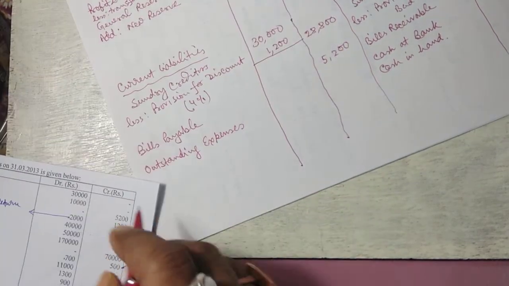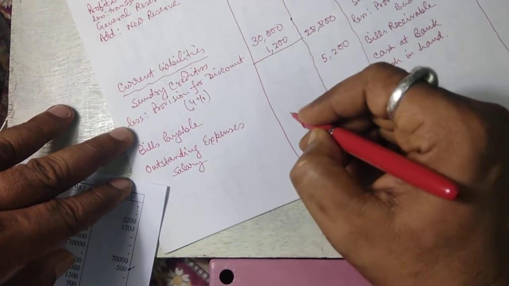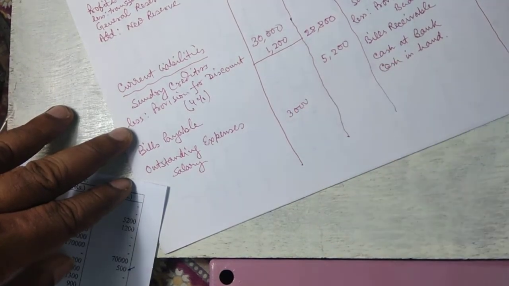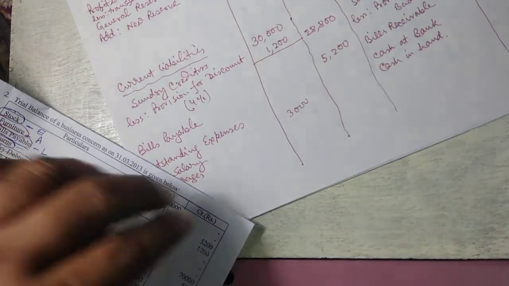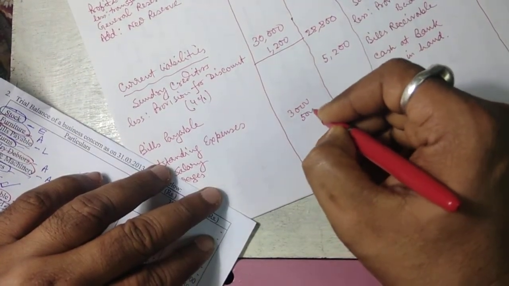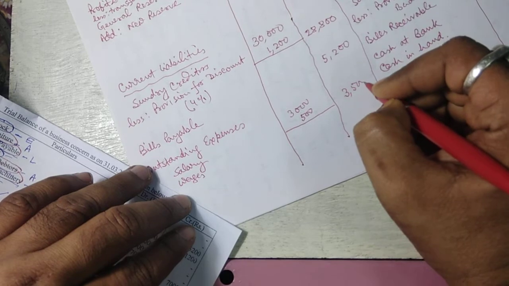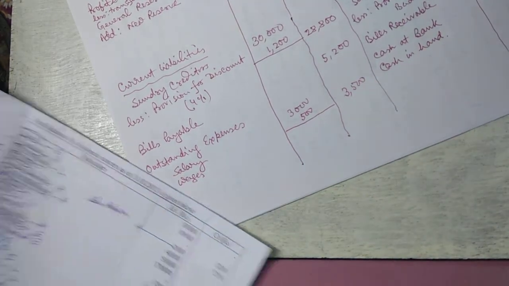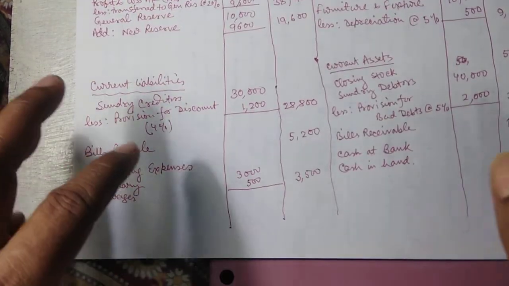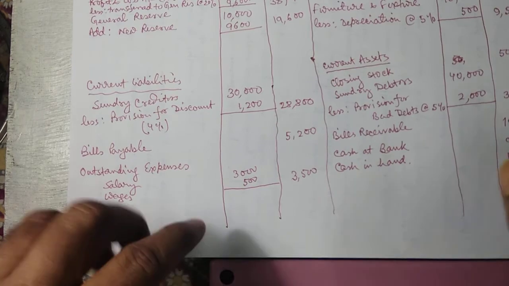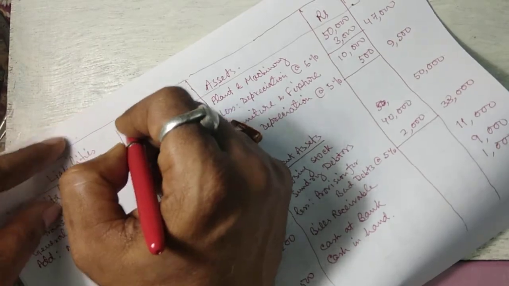So salary 3,000 and wages 500. Outstanding expenses 3,500. So we have written all the items which should be taken into consideration while preparing balance sheet. So we should write the heading balance sheet here.